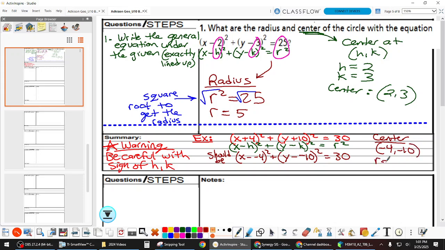What's the radius? It's 15. Did you say 50? Oh, no, you said 15. But I don't want a decimal.